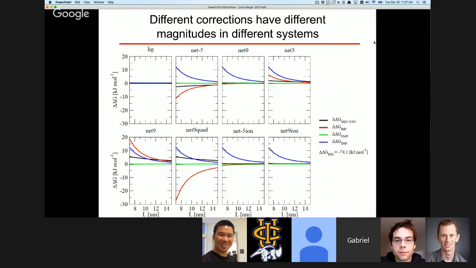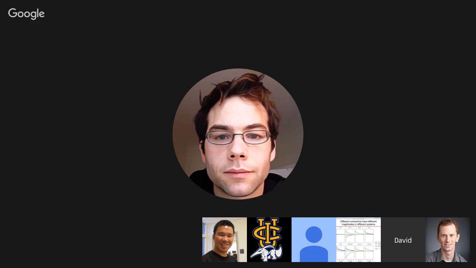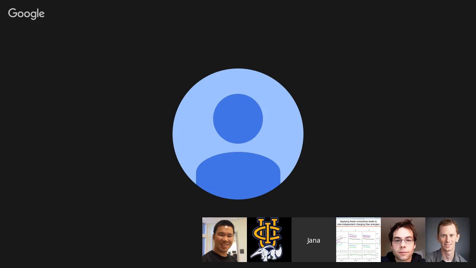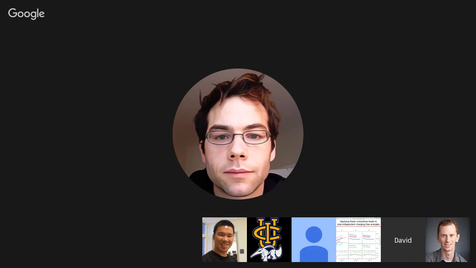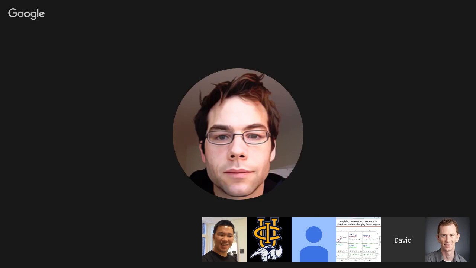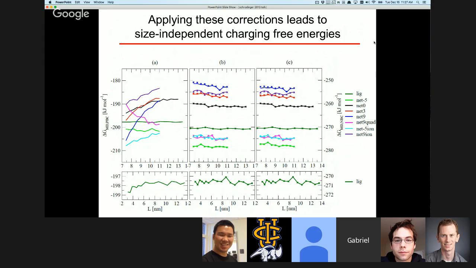So just to look at the question. Could you just go back again? Yeah. If somebody from, I can't see the slide. Oh, there we go. So B and C. B is using a conventional PB solvent, a conventional dielectric boundary of like 1.4 angstroms or something, and C is using a definition of the dielectric boundary that was optimized to make these as flat as possible.